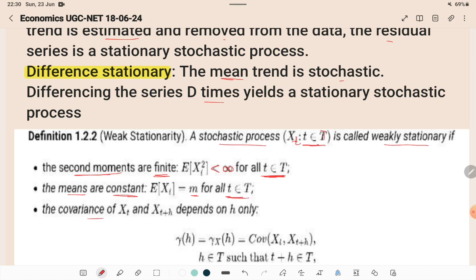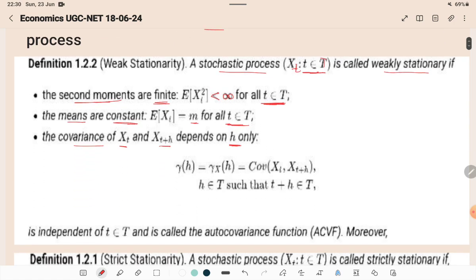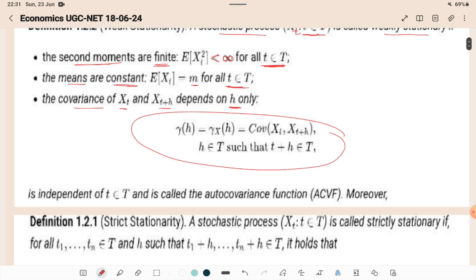And the covariance of Xt and Xt+h depends on h only. Here is a formula, you can see it if you want to understand, and it is independent of t, an element of capital T, and is called the autocovariance function, ACVF.